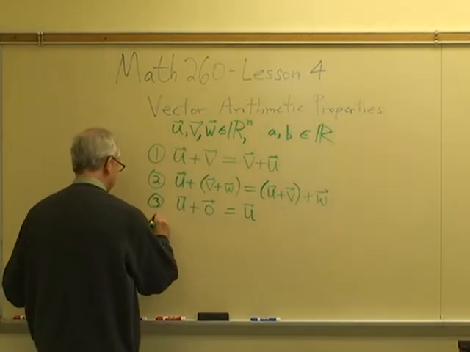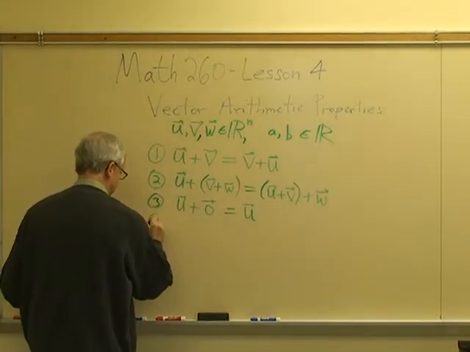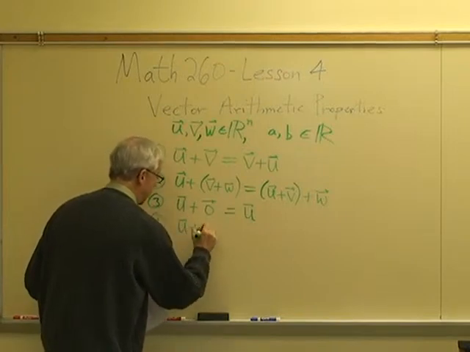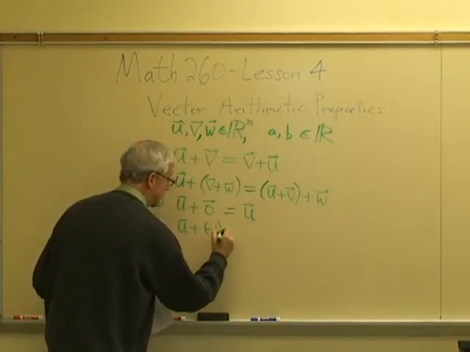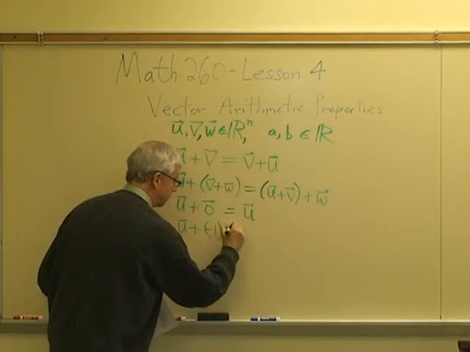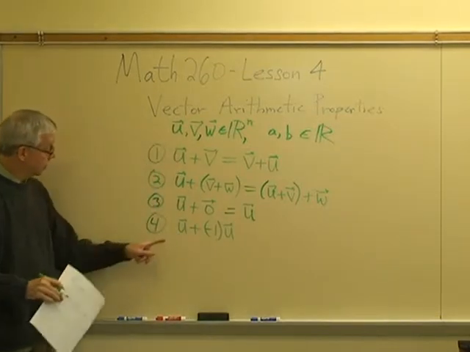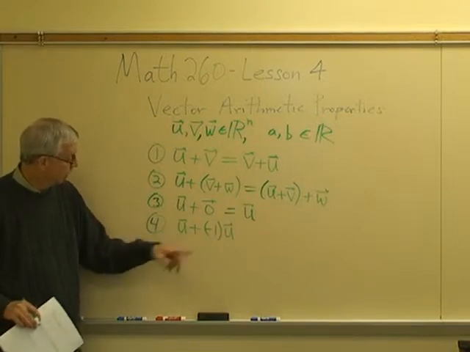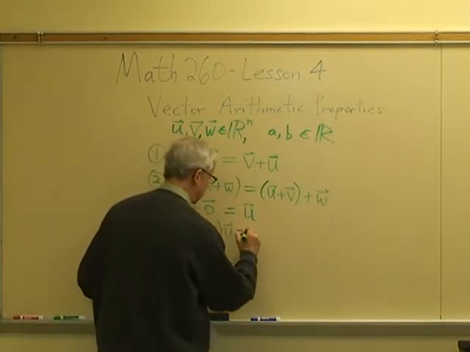Property 4. If I take U and add -1 times U, what do I get? Well, for every element in here, the corresponding element will be the negative of it, and so I get the 0 vector.